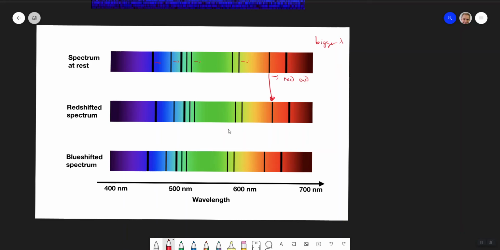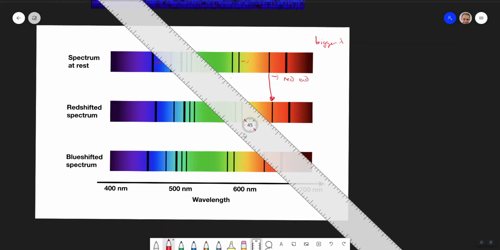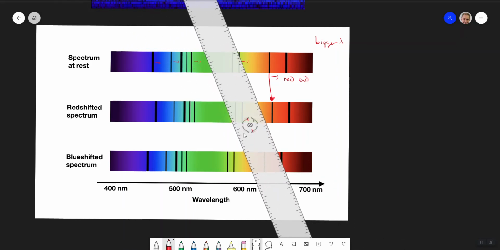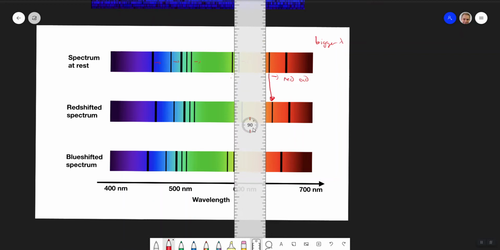The other thing that we can see, however, is, let's just quickly draw a ruler down so we can see this line here. Here's our line straight down, and look, the matching line is now there.